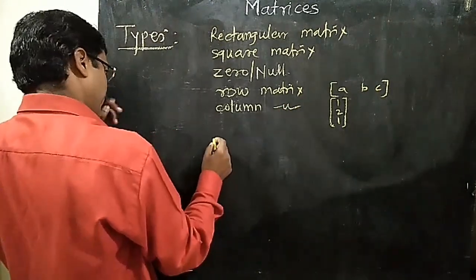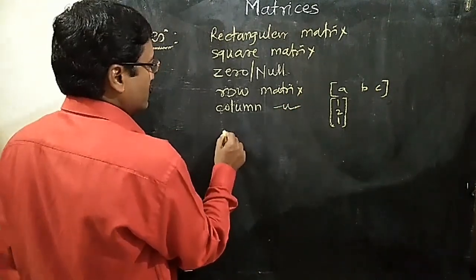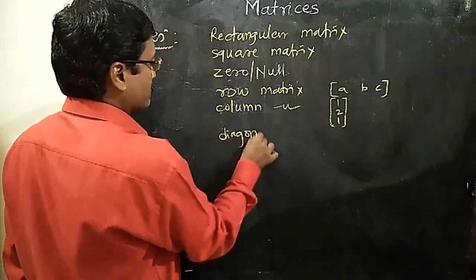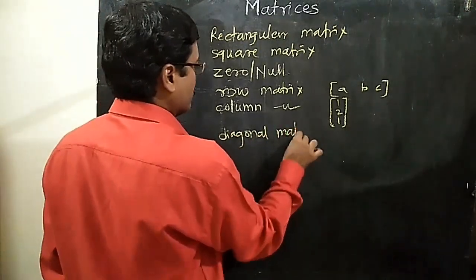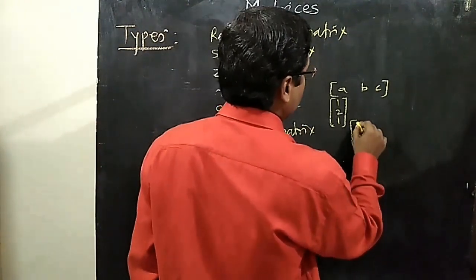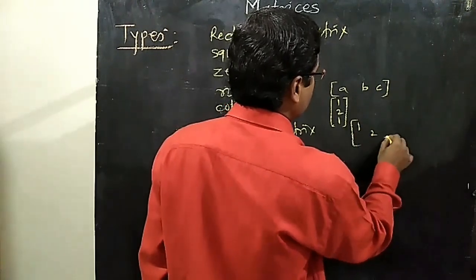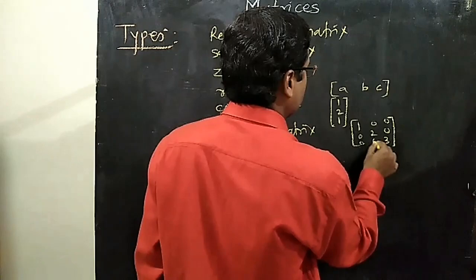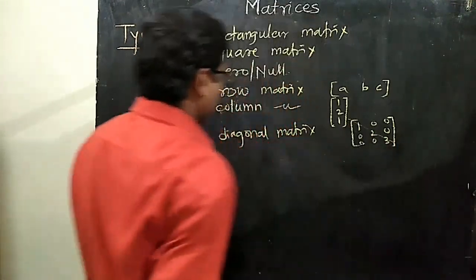Then diagonal matrix, it is a square matrix in which only diagonal elements are non-zero, remaining elements are 0. This is diagonal matrix.